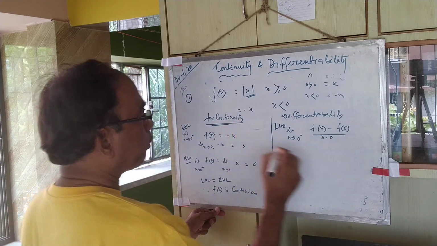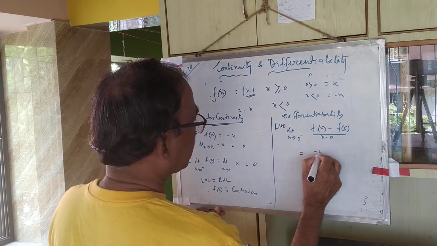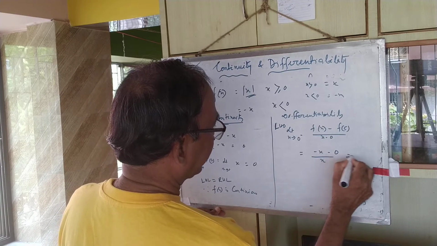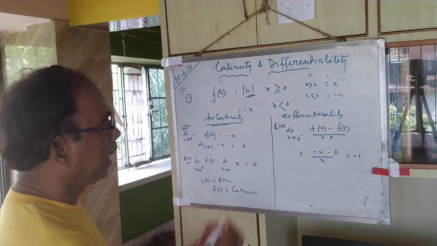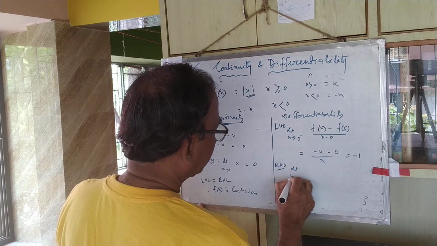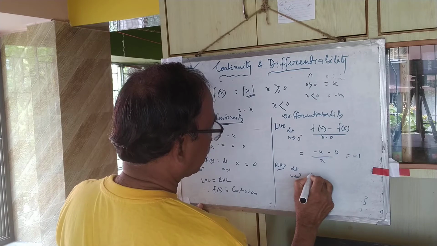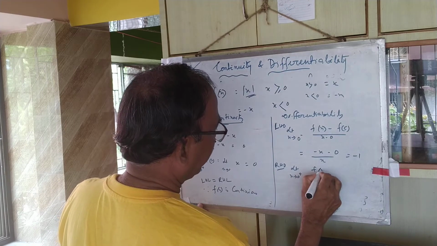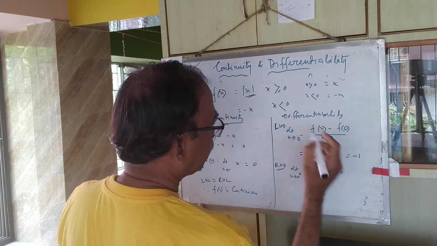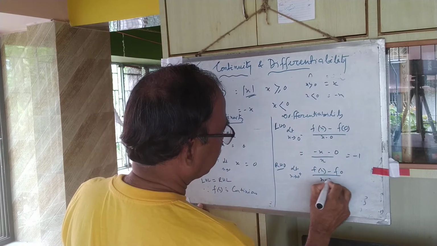For x tends to 0 negative, we take minus x, so minus x minus 0 over x, that is minus 1. And the right hand derivative, the limit as x tends to 0 positive of (f(x) minus f(0)) over (x minus 0).